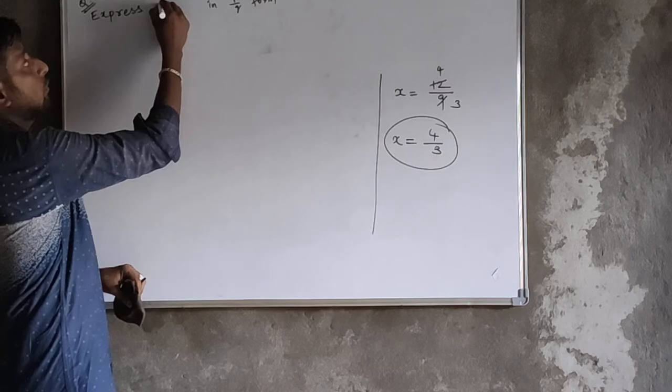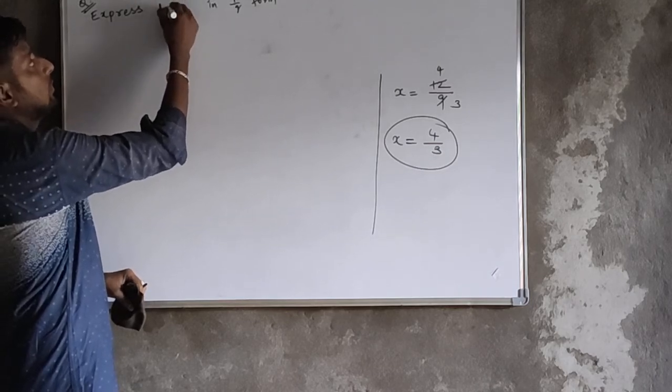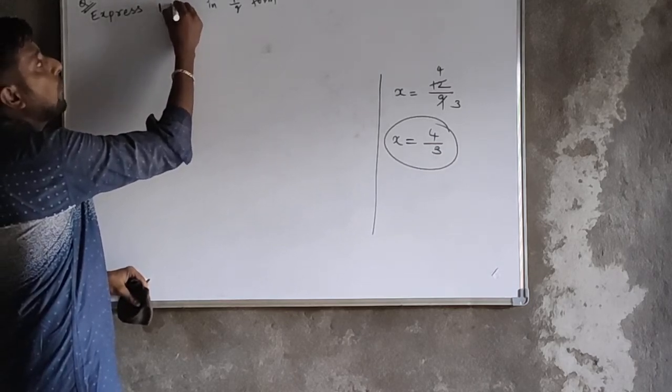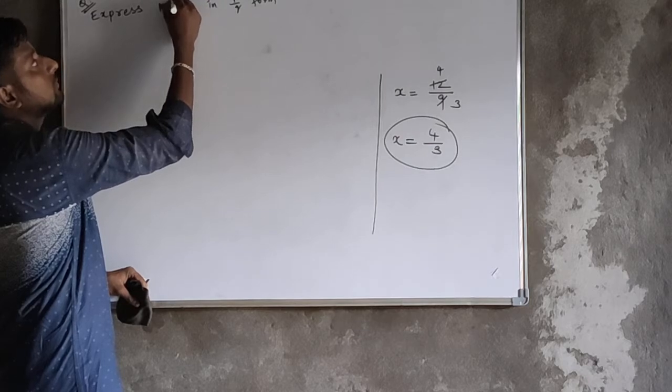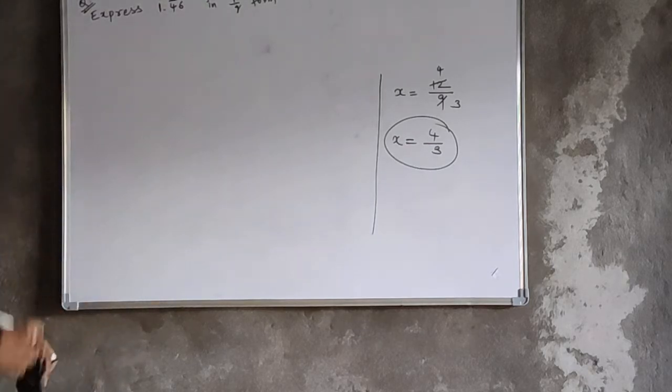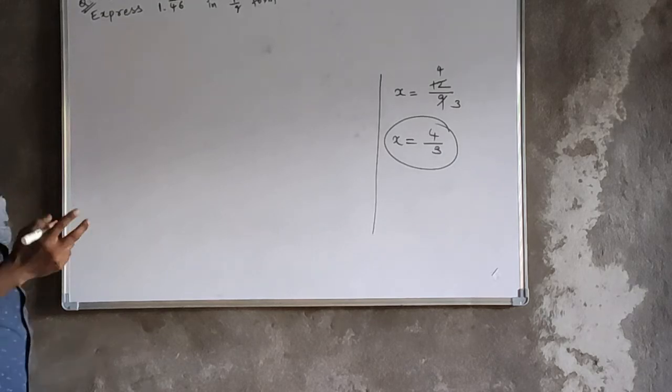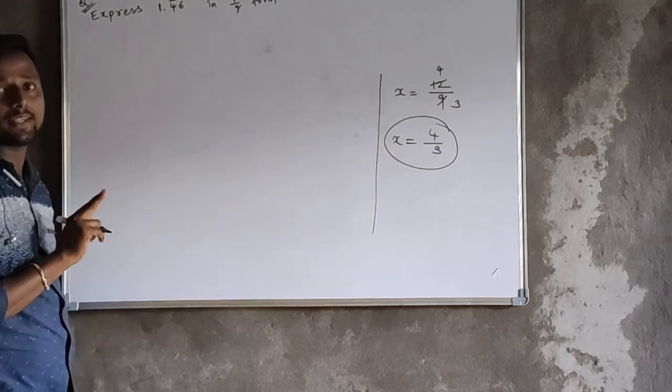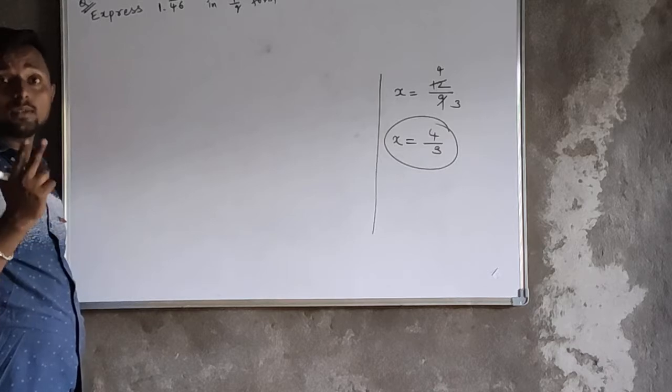What should I write? 1.46 bar. Okay, randomly I have taken, no issue. 1.46 bar. Now the bar is over 2 digits. Here the period is 46, but the periodicity is 2.